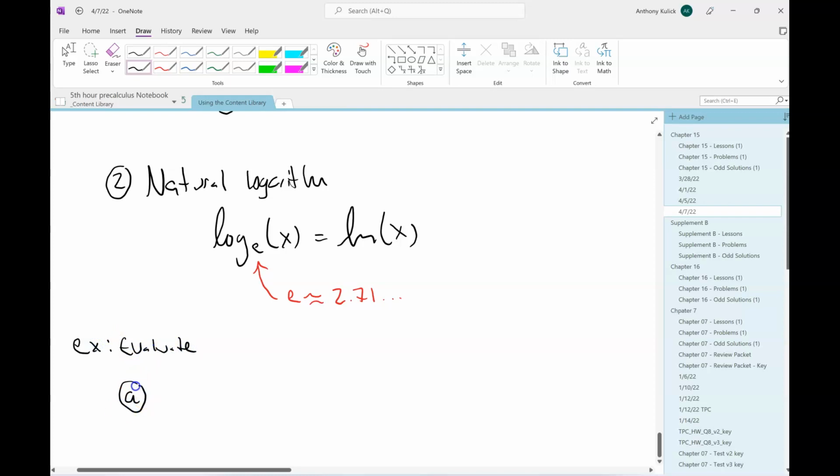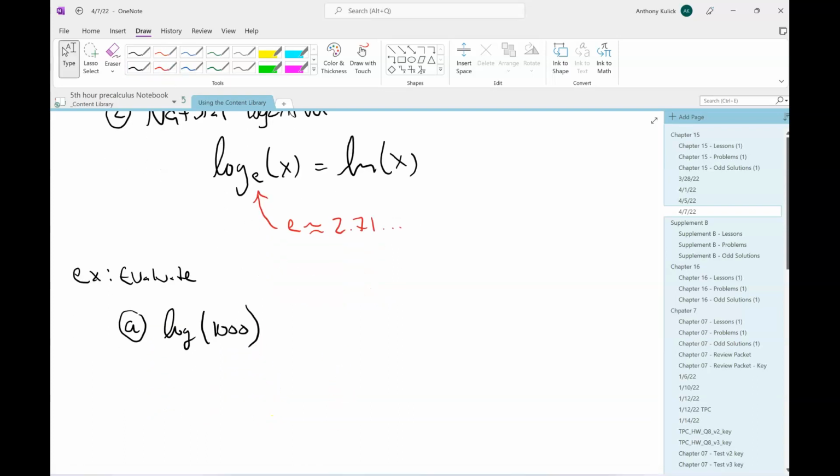Let's just do a couple of examples here. Let's say we want to evaluate log of 1,000. Let's say that equals x, and then we'll rewrite this as an exponential equation.